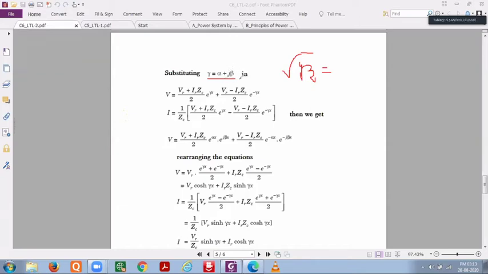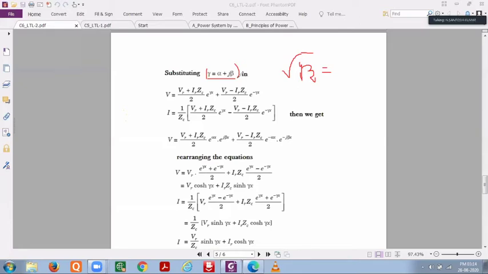I am just making use of this equation, the propagation constant, to make the calculation simpler. Simply, if you substitute the length, you'll get the final equations.